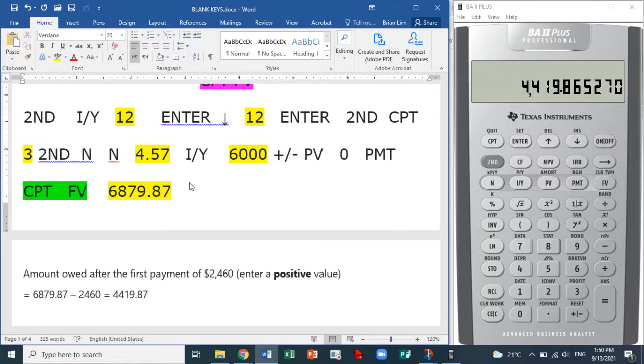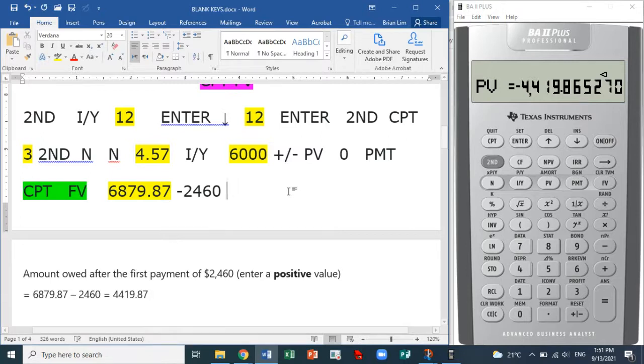All right, so I go here and then I subtract 2460. And then what do I have to do? Well, that would become, we could put this as negative and then enter, that would become the present value for the next part of the calculation.